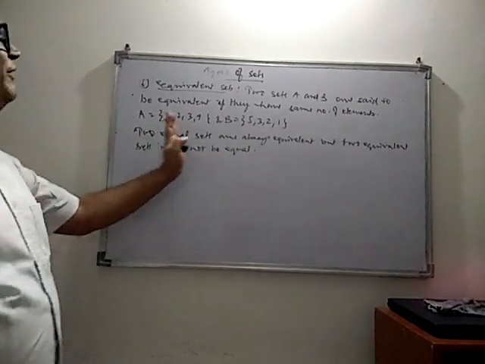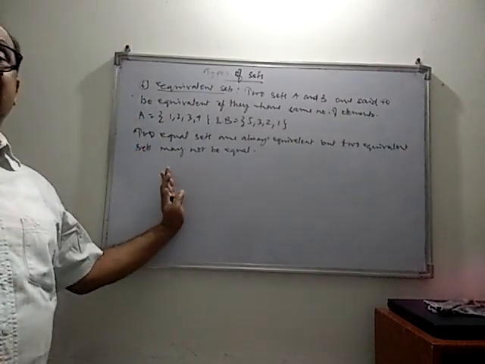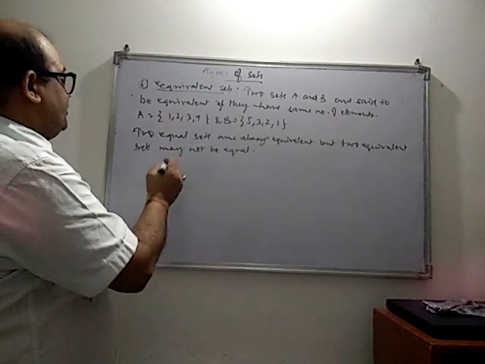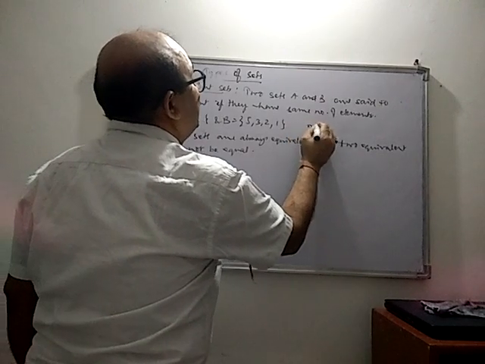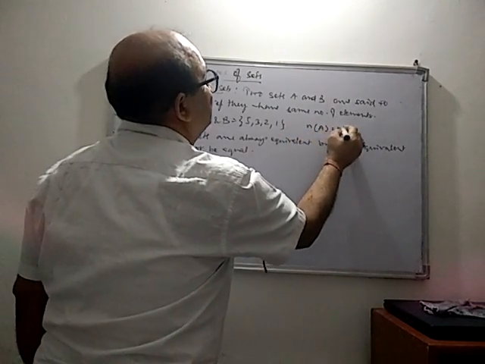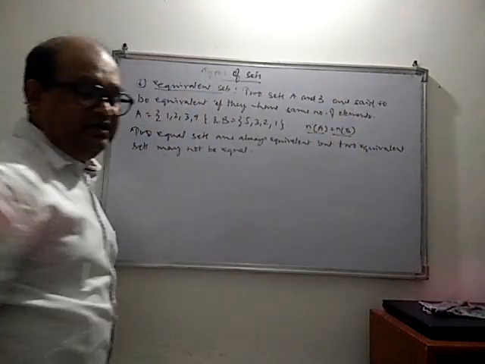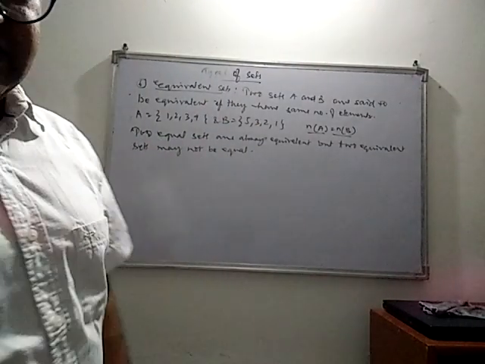Equivalent sets have the same number of elements, but it is not mandatory that the same elements will be there. For equivalent sets we can write n(A) equal to n(B), where the number of elements in A is denoted by n(A). Now, disjoint sets.